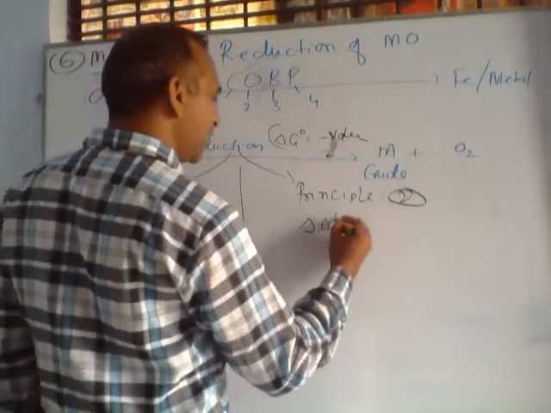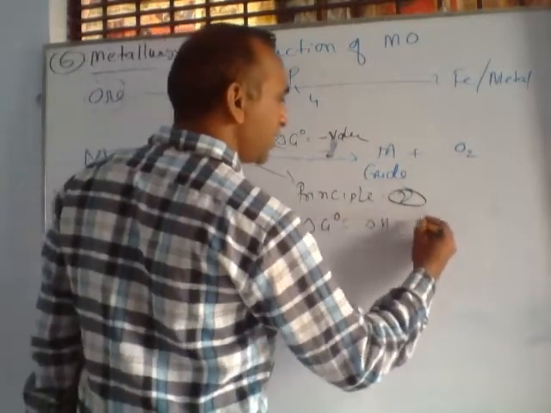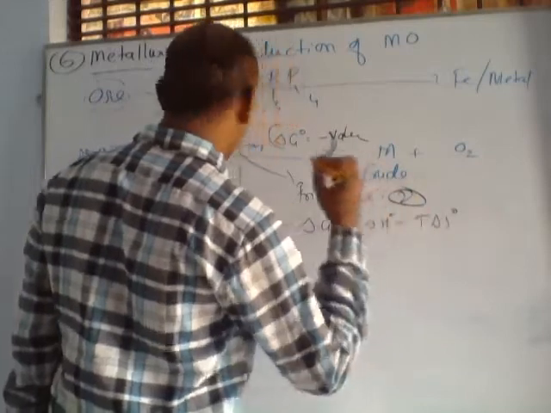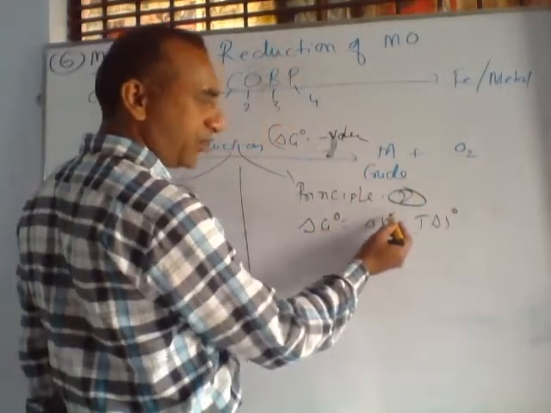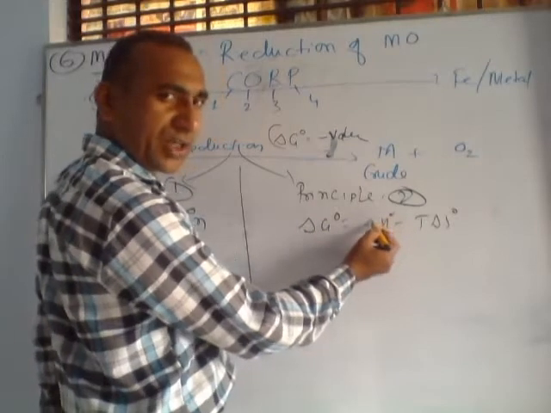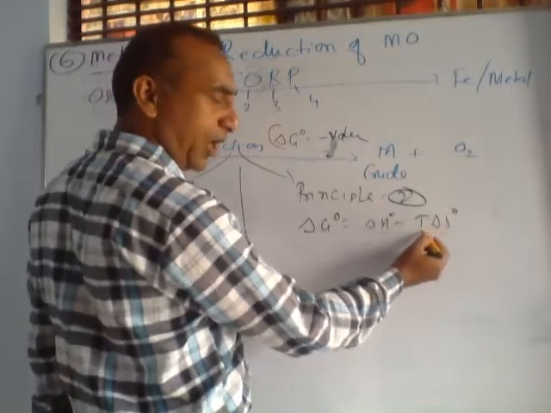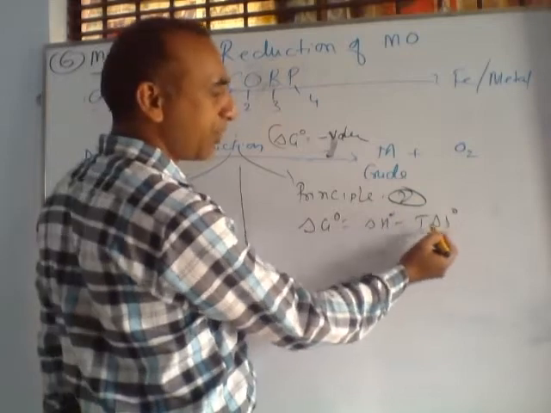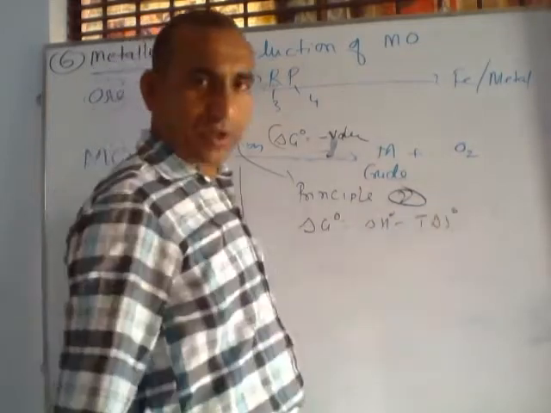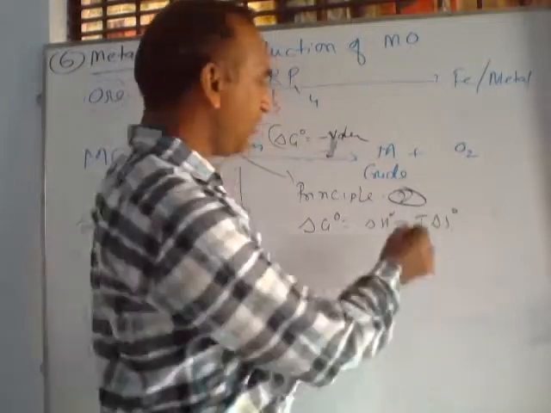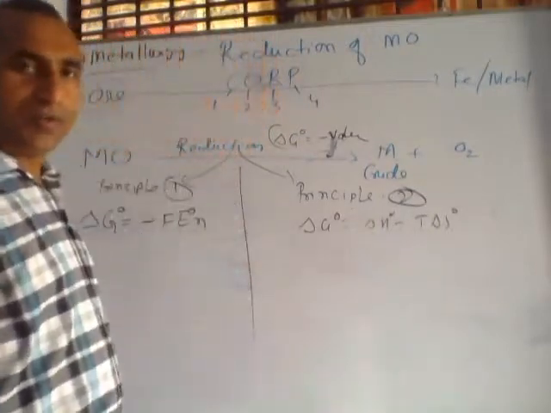The second formula is del G naught equals del H minus T del S. Here standard Gibbs energy is the difference of standard change in enthalpy and the product of absolute temperature and standard entropy change. S is entropy, H is enthalpy, and G is Gibbs energy.